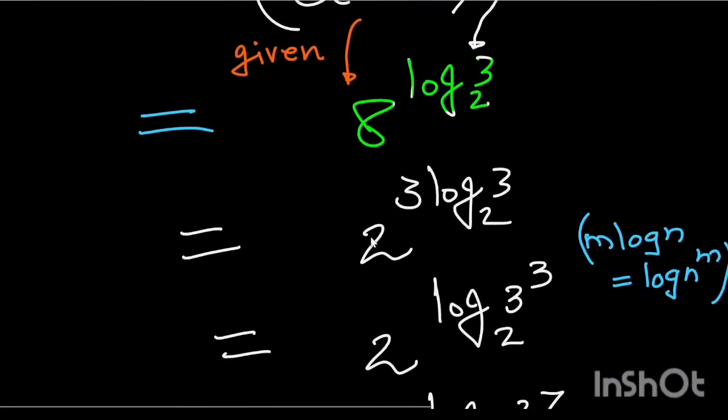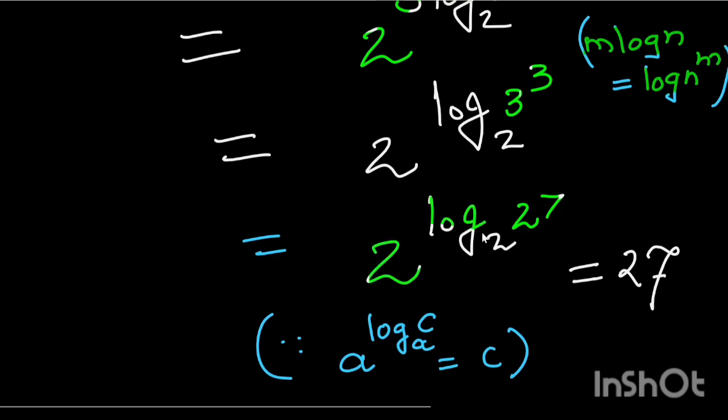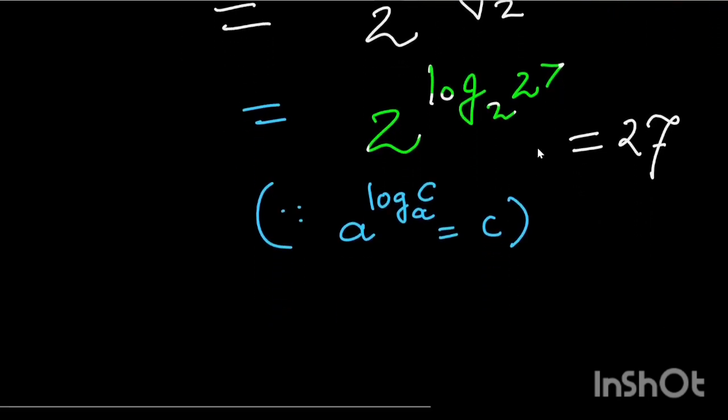Now 8 is written as 2 cube. Now this 3 will go in the power using m log n is log n to the power m. So 3 to the power 3 becomes 27. Now 2 to the power log base 2 27 is 27, because we know that a to the power log c base a is c. So the answer is what, guys? Answer is 27.